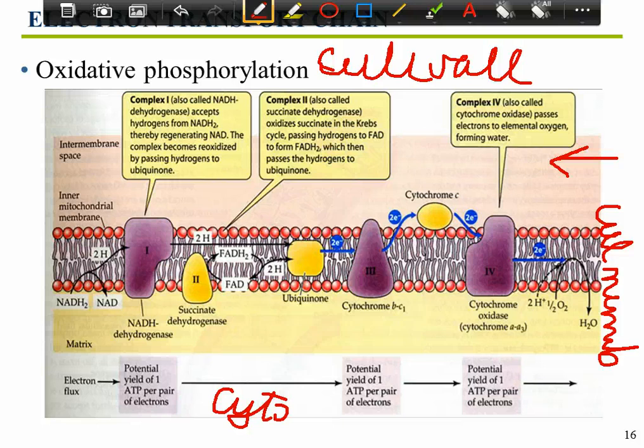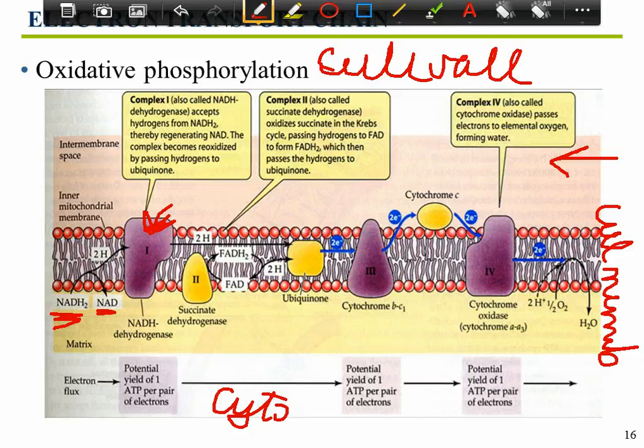Okay, so here is the entry of NADH with its electron load. The electrons are passed to FMN, and FMN, it's not shown here on this particular picture, but it's going to be part of this guy right here. FMN becomes reduced, NADH becomes oxidized to NAD.